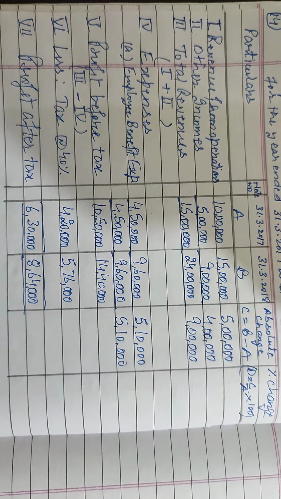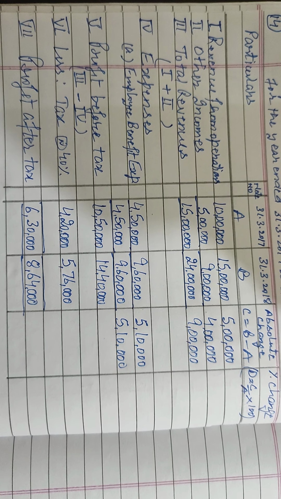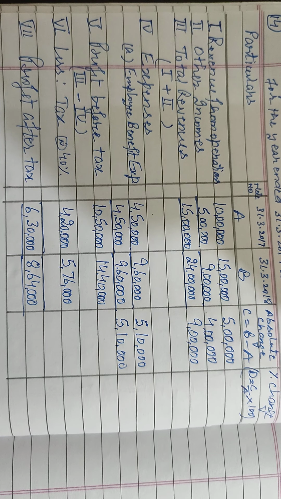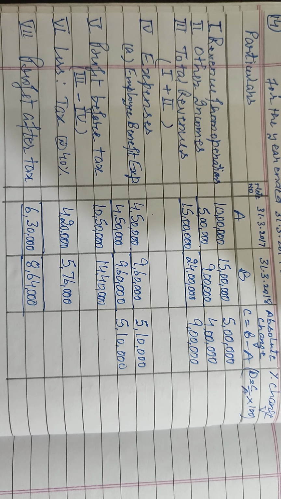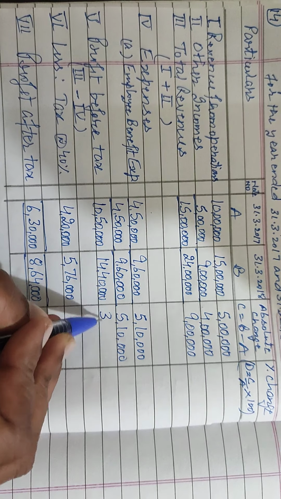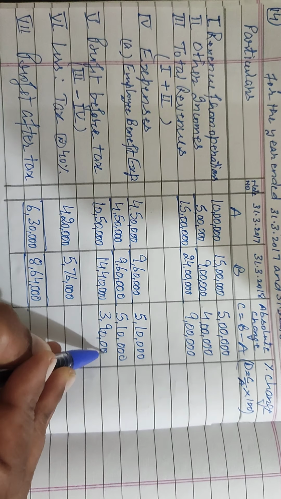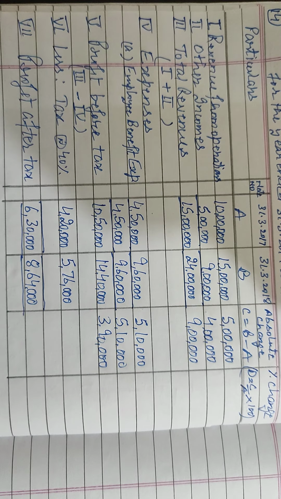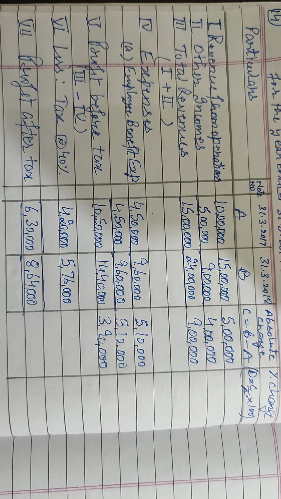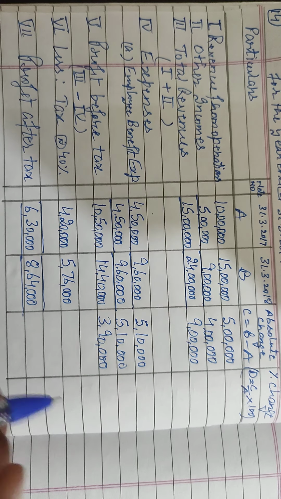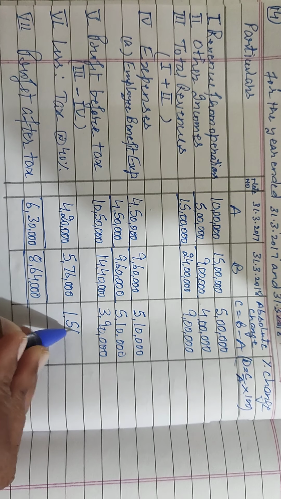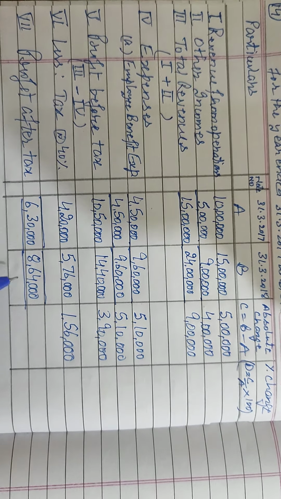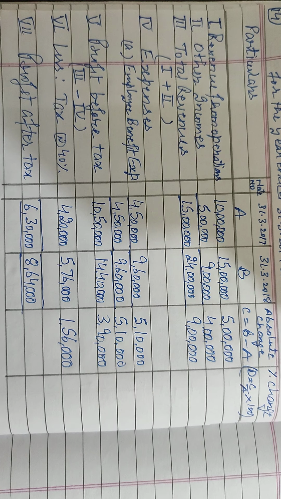Now from 14,40,000 we subtract 10,50,000, so it will be 3,90,000. From 5,76,000 we subtract 4,20,000, so it will be 1,56,000. And in the last, out of 8,64,000 we subtract 6,30,000, so it will be 2,34,000.